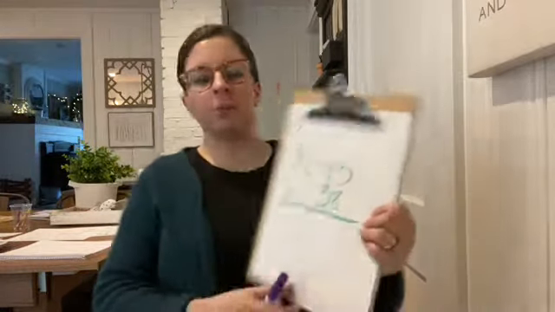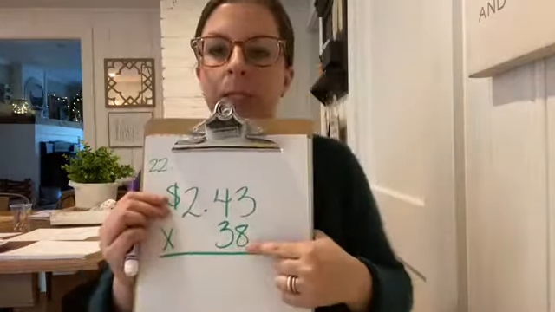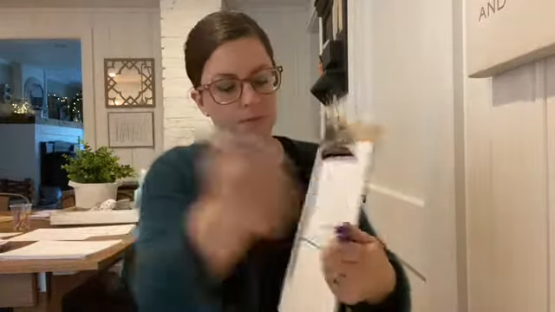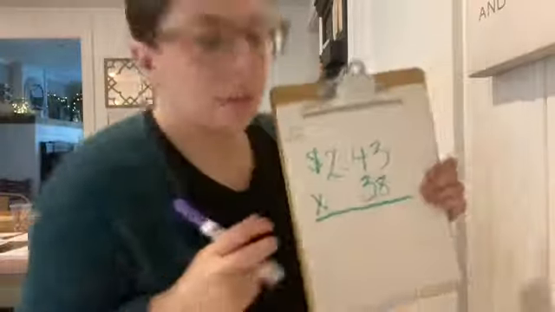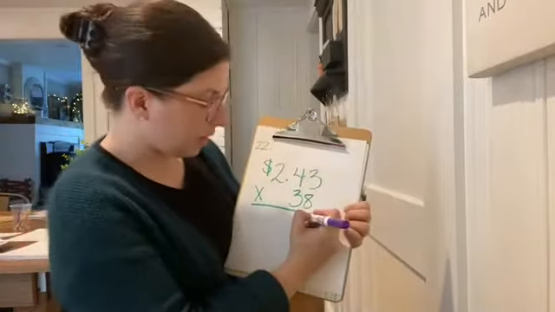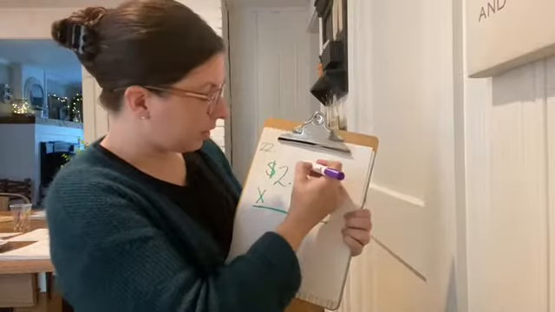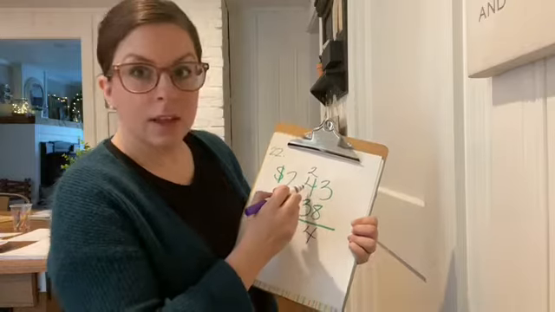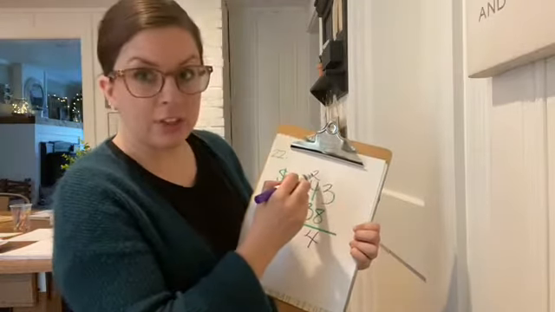Okay. So remember, we always start in the ones place. So we're going to say 8 times 3 is 24. Carry the 2. 8 times 4 is 32. Add the 2.